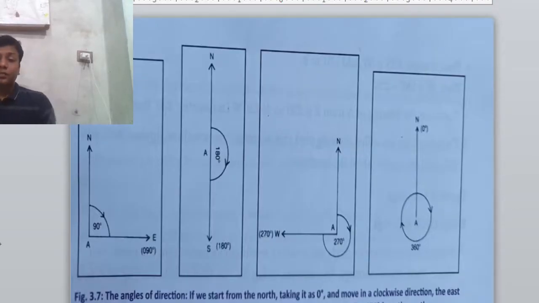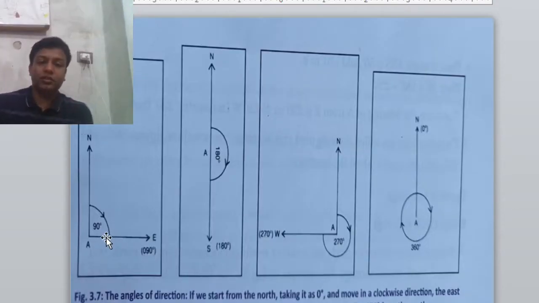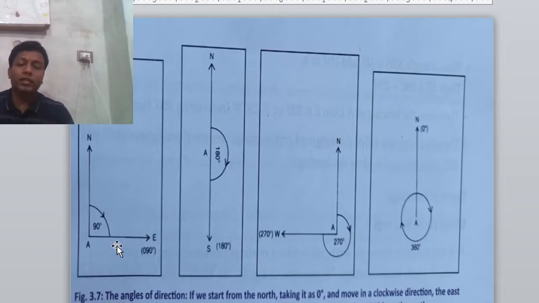Now, the angle of the directions. As you easily understand, all the cardinal directions are divided by 90 degrees. When you go from north to south point, it is 180 degrees. Opposite to this direction, at west, the clockwise angle is 270.